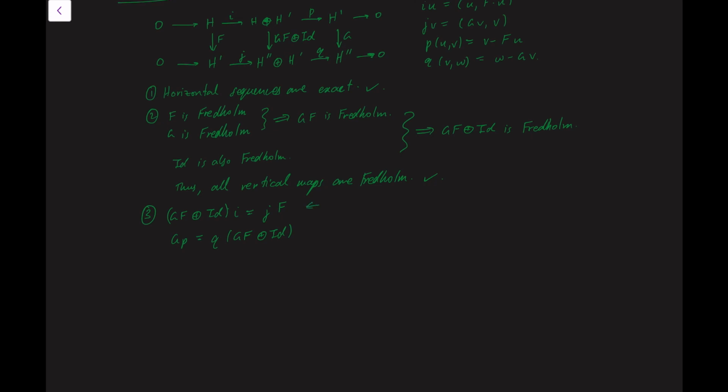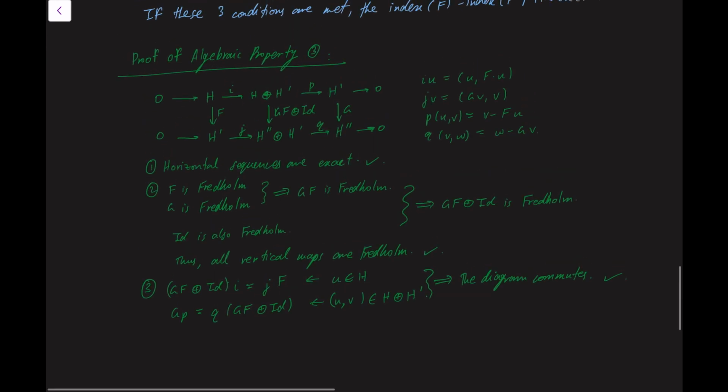In this case, acting on arbitrary vectors U in H, and in this case, acting on arbitrary vectors U, comma V in H plus H prime. So you can check that both of these hold, and so the diagram commutes. So all three conditions are met.